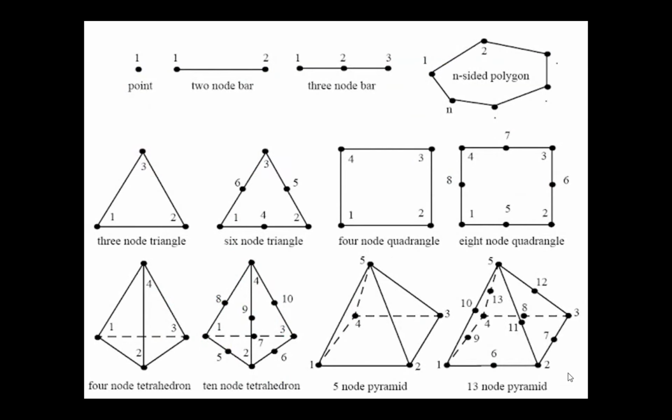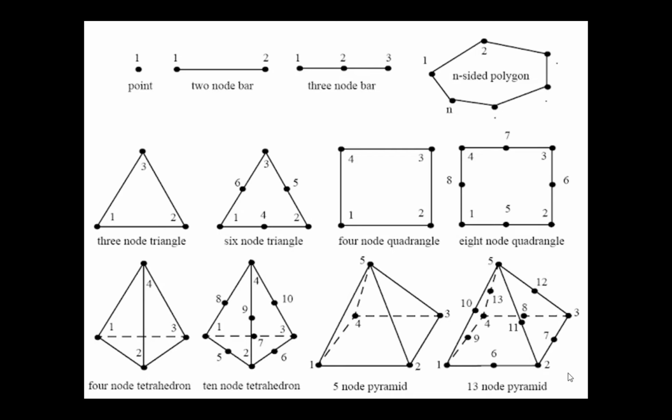So what are the different types of elements that we can have? The first one is a single point or a single node. Then we have 2 node, 3 node, and n-sided polygons. If it is 3, it becomes a 3 node triangle. If it has 4, it forms a quadrangle. Then 5 means a polygon.